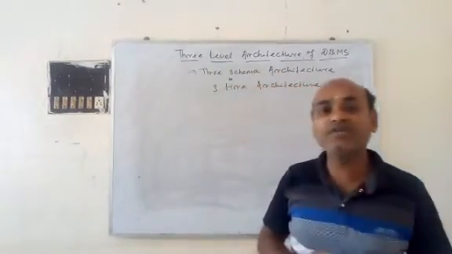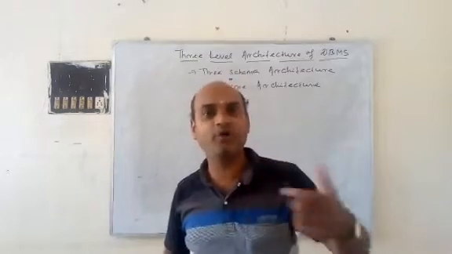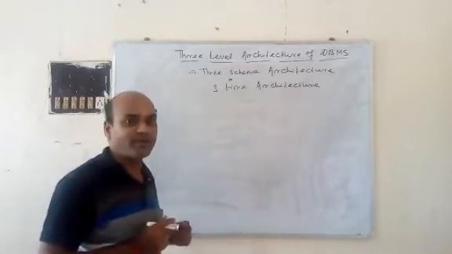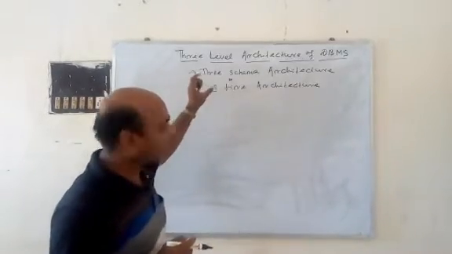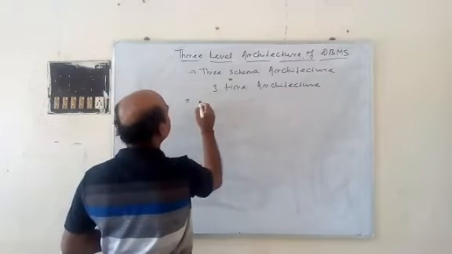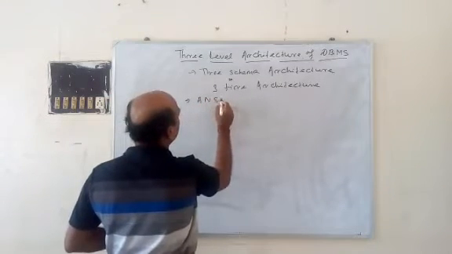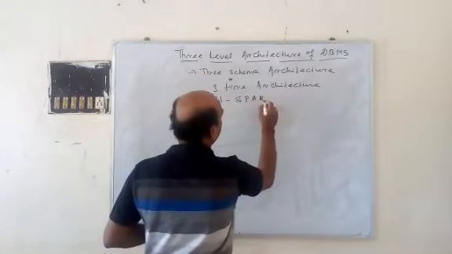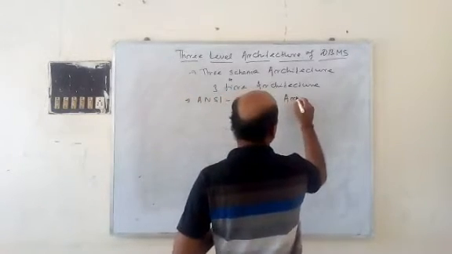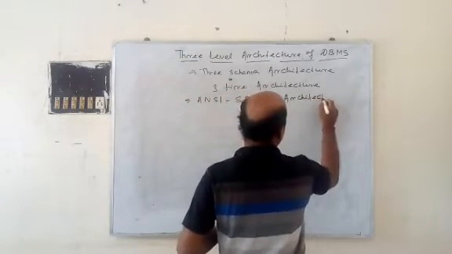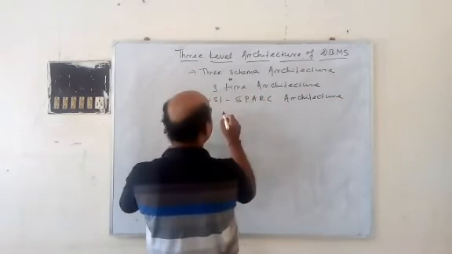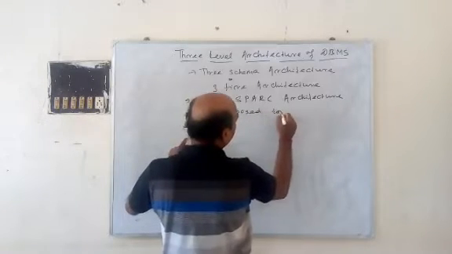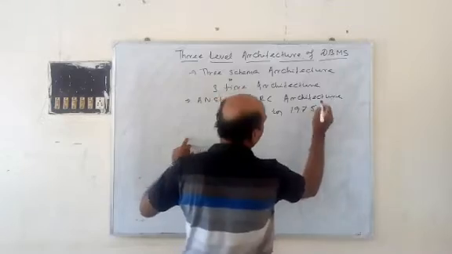This concept was first proposed in 1975. This architecture is also called the ANSI SPARC architecture, first proposed in 1975.